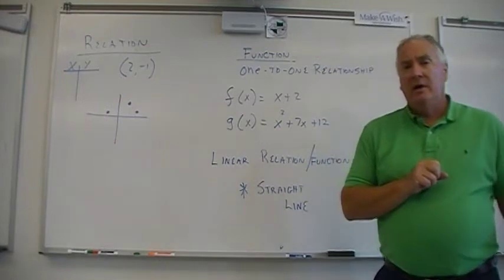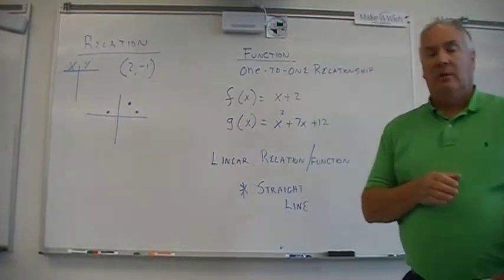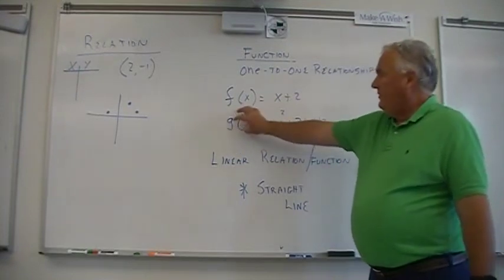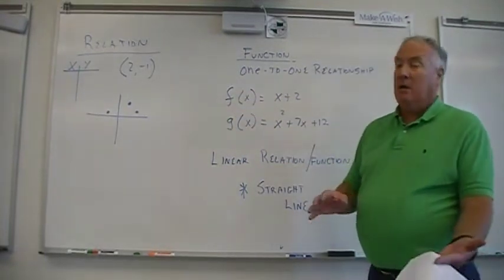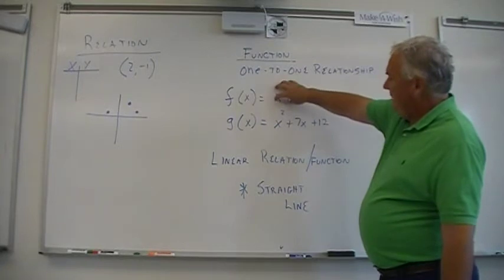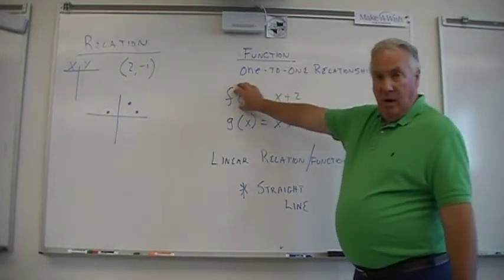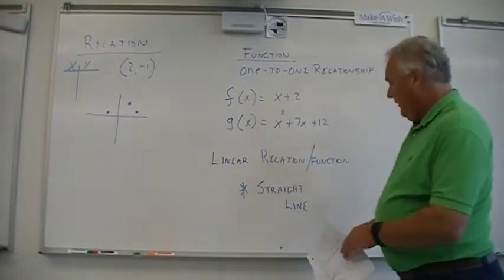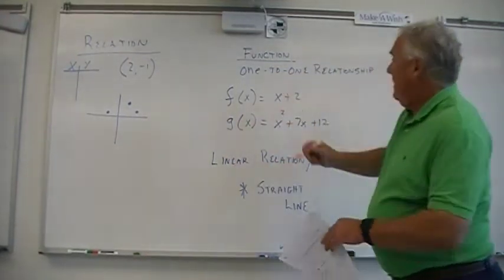In Algebra 1 you saw this as y equals. A lot of times teachers and students view this function sign as the y equals, because once we give an x, then we get a y, okay? And this means function of x plus 2.